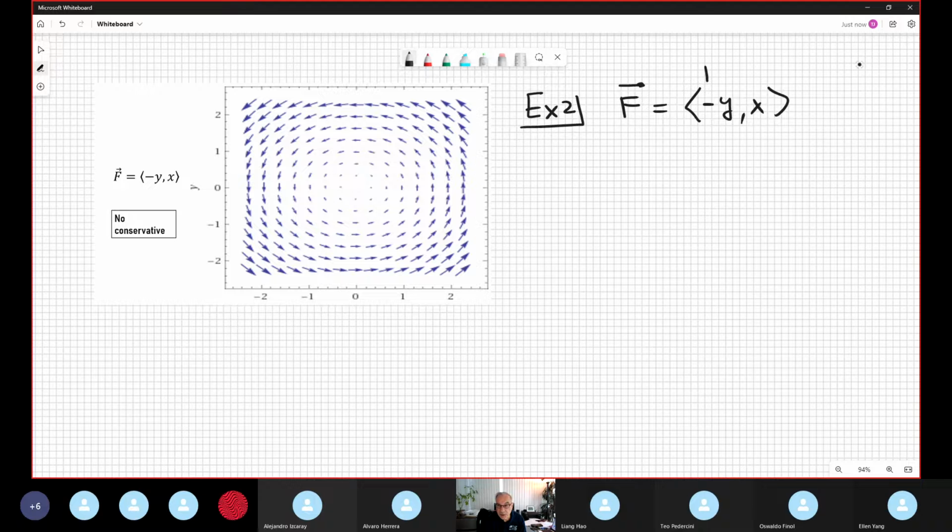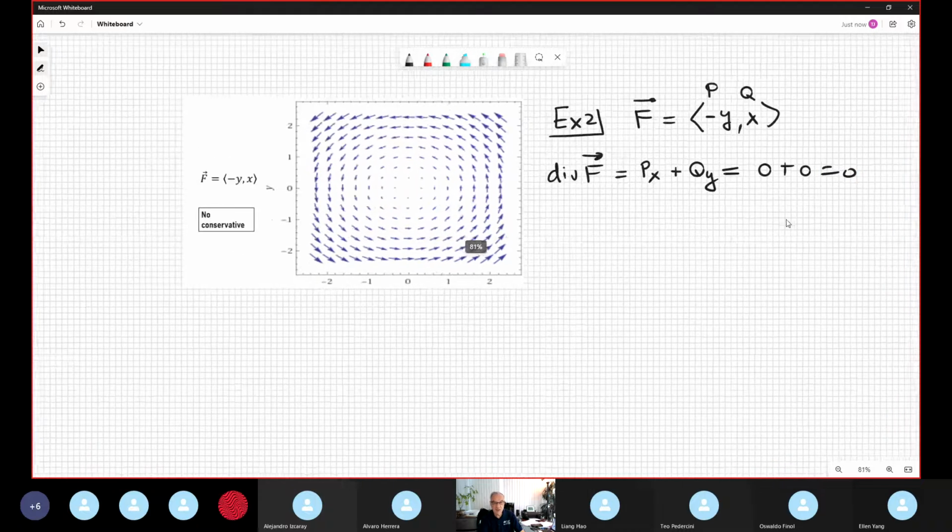This is P and this is Q. To compute the divergence, the operator that helps me understand the behavior of the vector field, it is Px plus Qy. When I compute that, the derivative of P with respect to x is 0, and the derivative of Q with respect to y is 0. So it is source free, this vector field.